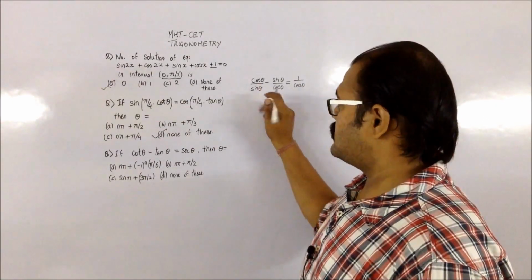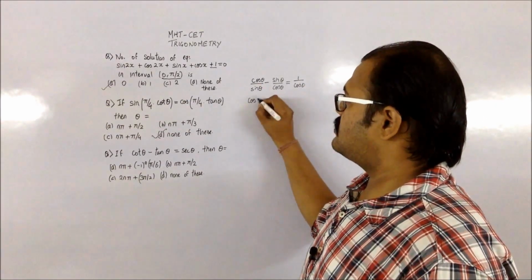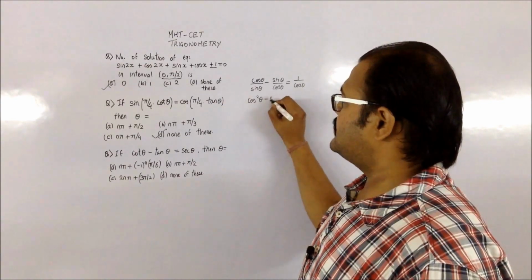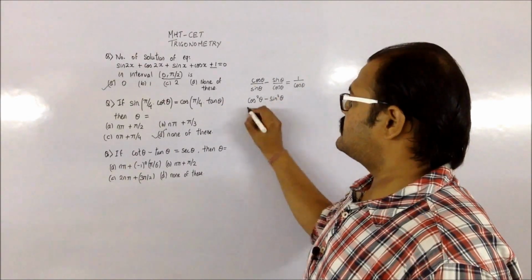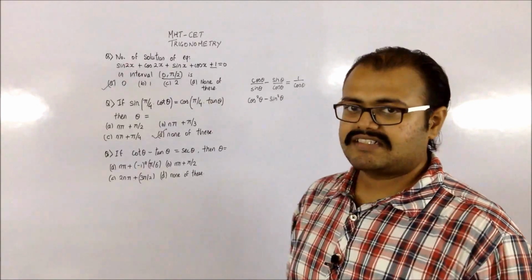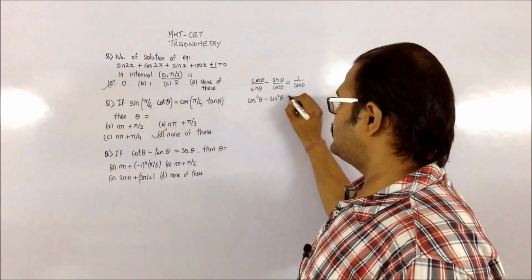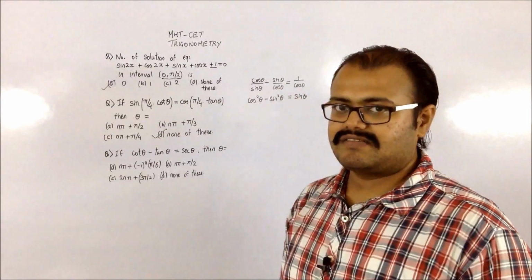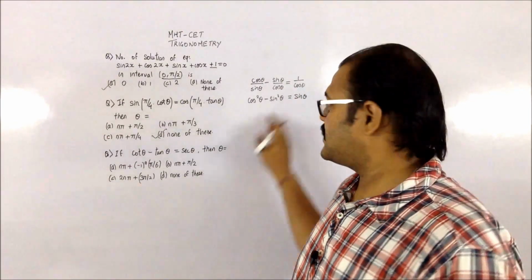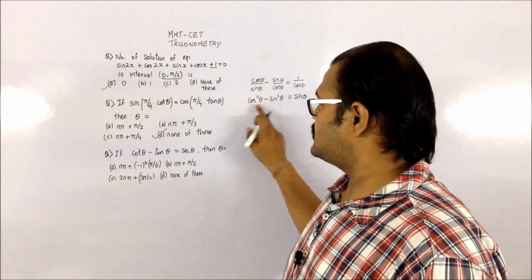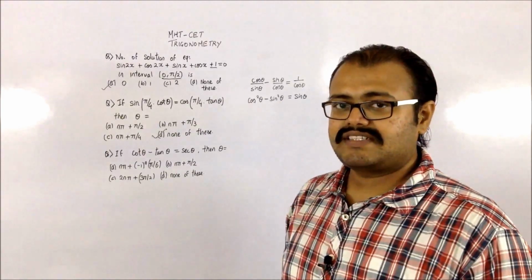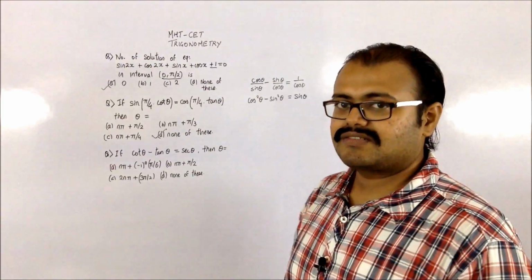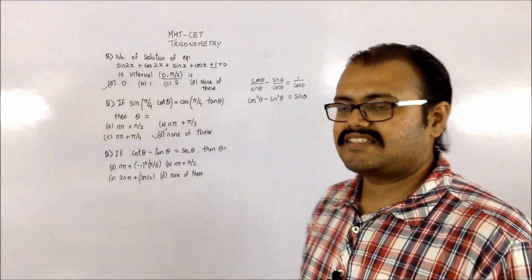Now cross multiplying, I will be getting cos square theta minus sine square theta divided by sine theta cos theta, which on that side becomes sine theta because the cos theta gets cancelled. Since you are having a sine theta term over here, let us convert this cos square theta also into sine theta so that you get a quadratic equation in it.